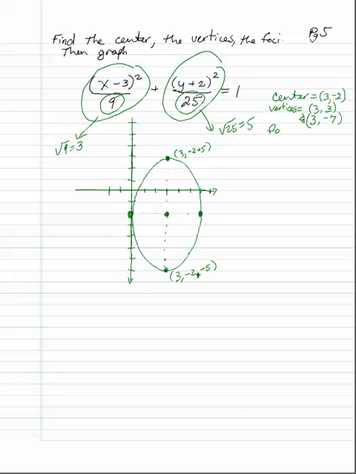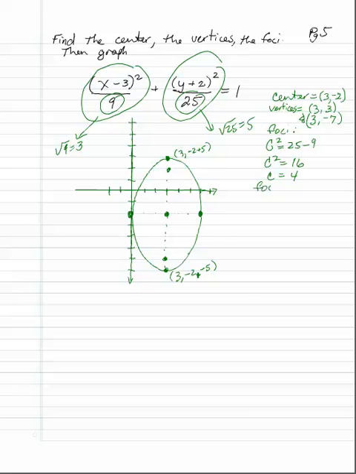And then the foci, we got to figure out, well, what's c? So if you note, c squared is 25 minus 9, which is 16, so c is 4. So we're going to add, subtract 4. Here's the foci on the y coordinate.